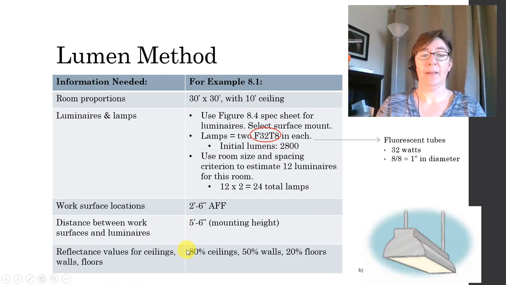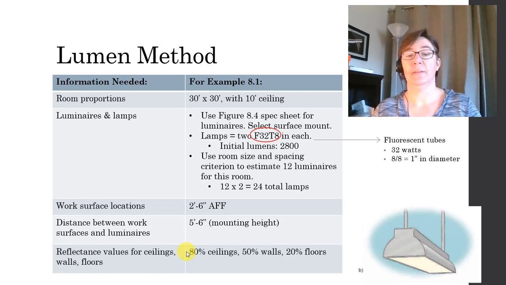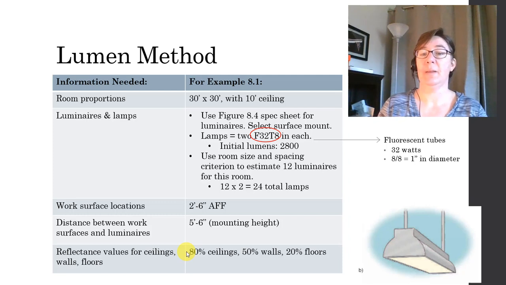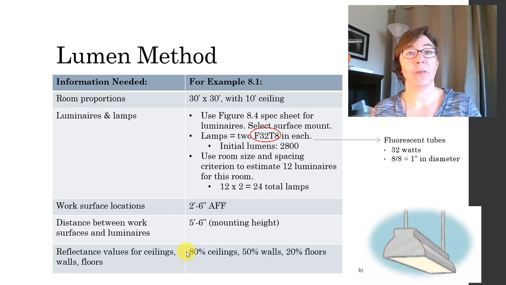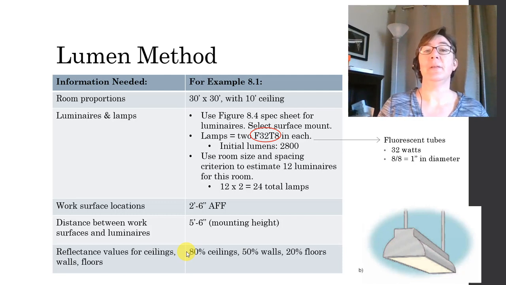The reflectance values for the ceilings, walls, and floors are given to you in this problem as 80% for the ceilings, 50% for the walls, and 20% for the floors. In a real project, you could find these numbers by looking at the spec sheets of the materials you've chosen.